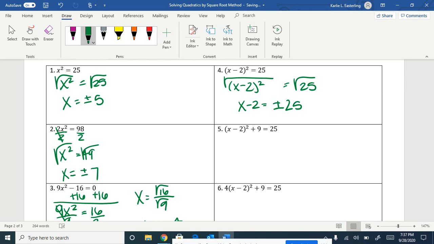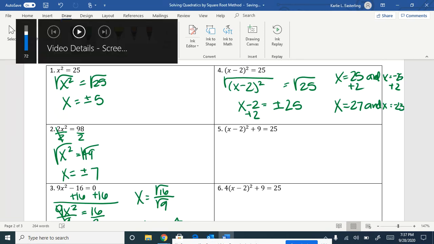Then to get x alone, we're going to have to add 2 to both of these numbers. So you can write x equals 5 and x equals negative 5, but we're going to have plus 2 and plus 2. So x equals 7 and x equals, not 3, negative 5 plus 2 is negative 3. Sorry, I forgot the negative in that.